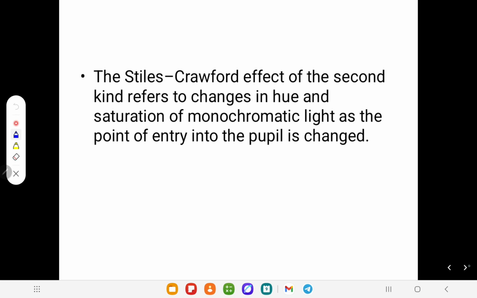Okay. So Stiles-Crawford effect second kind refers to change in hue and saturation of monochromatic light. We don't talk much about Stiles-Crawford second because if you consider color from the point of view of visual perception, color is described in three terms, isn't it?